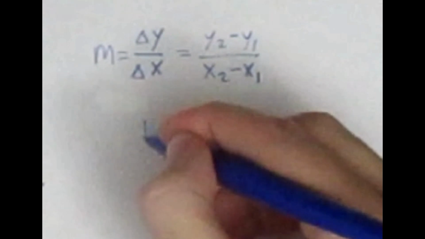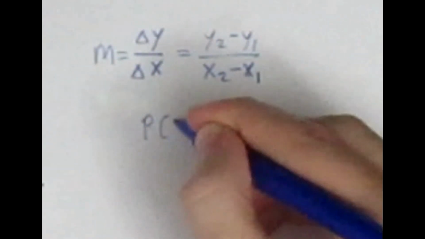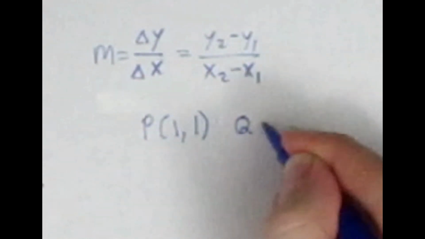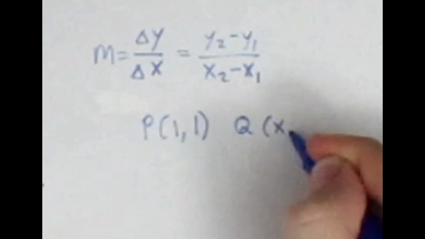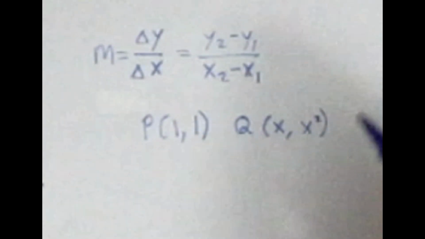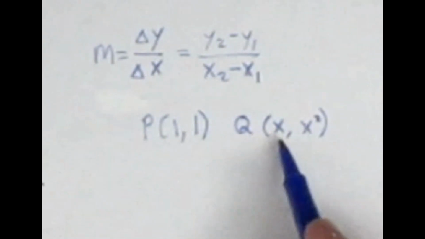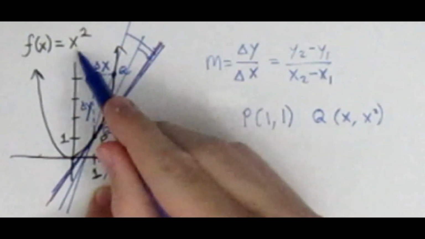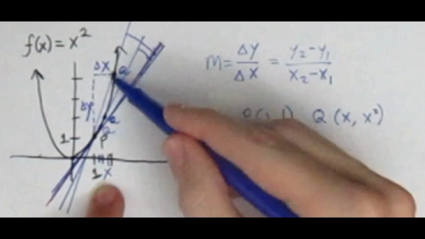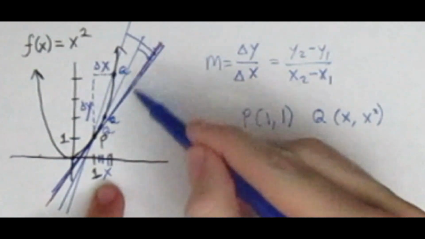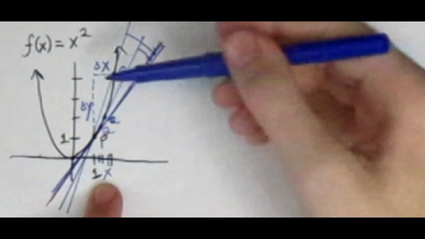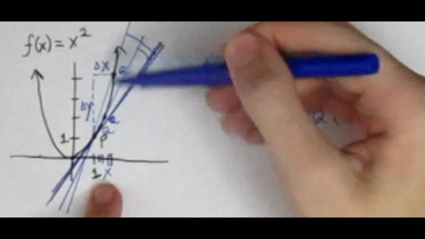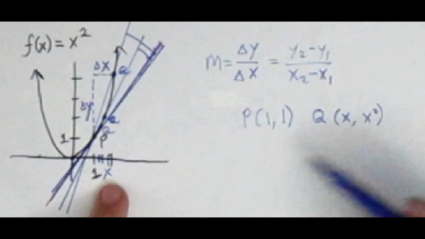Now let's recall that our point P is going to be the point 1, 1. Well, our point Q is going to be the point x comma x squared. And the reason why is that when we plug in an x value, the corresponding y value is going to be x squared. So this Q has the coordinate x comma x squared. In fact, any point that you make on this curve is going to be x comma x squared.